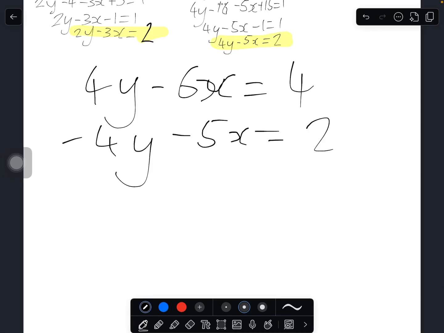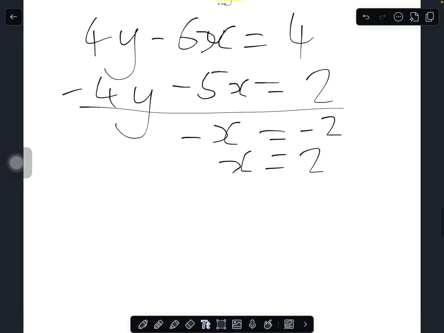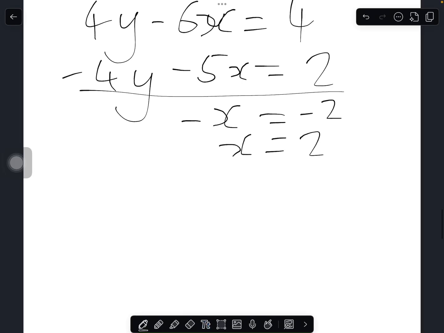We're now going to subtract these. The y's will cancel off. This will now become a plus. So this will become negative x equals negative 2. And we're going to have x equals 2. Now that we know that x equals 2, we can sub it into our equation.